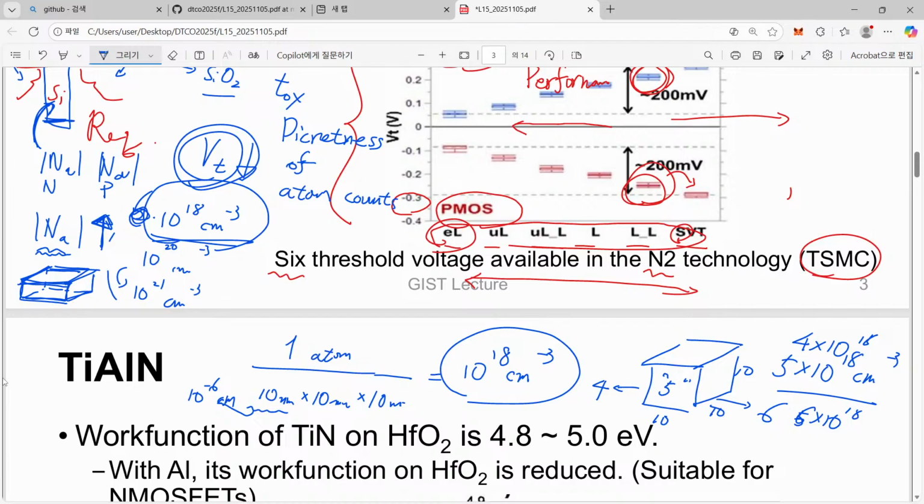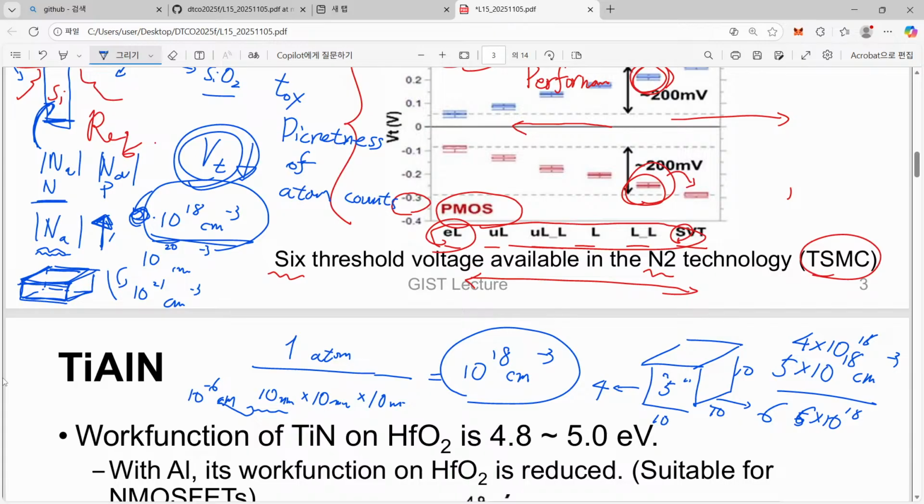There are 5 atoms, 6 atoms, 4 atoms, and that introduces severe change in our doping density, and that reflects what? A severe fluctuation of threshold voltage.